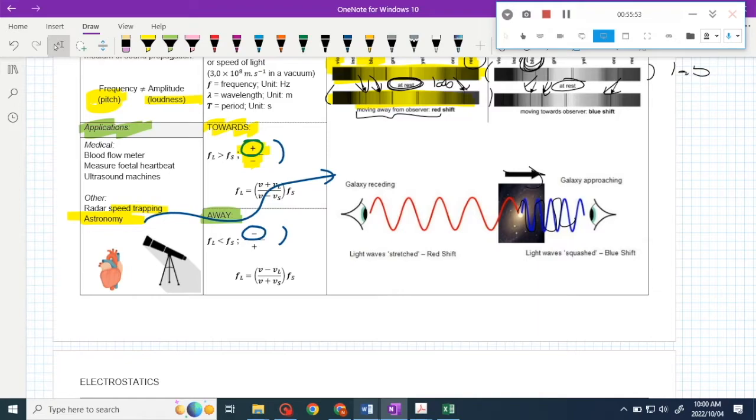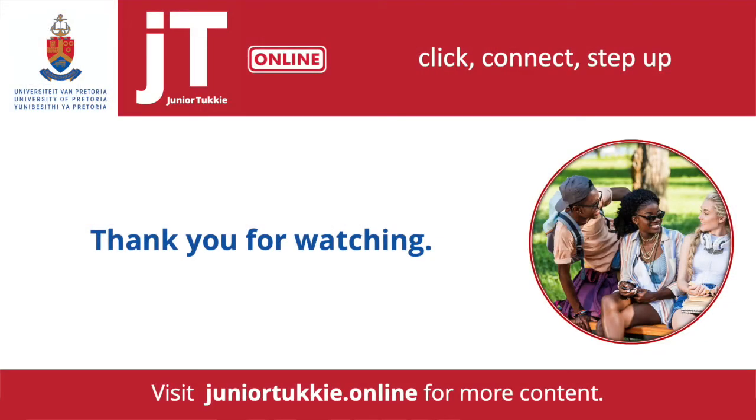Squashed waves means a shorter wavelength. Wavelength is measured from this point to that point. That's short, but the frequency is big. The red light, here's the wavelength. It's a long wavelength, but the frequency is smaller. Those waves pass you less frequently per second. That's what we're saying.